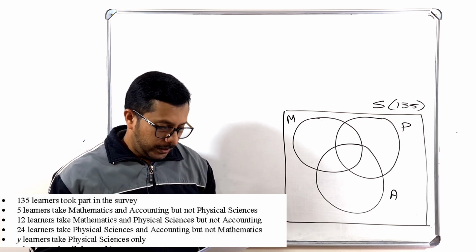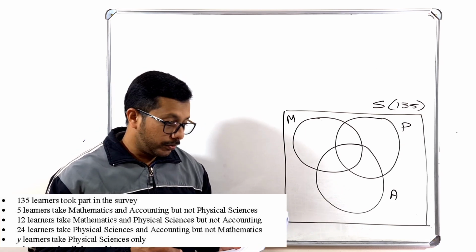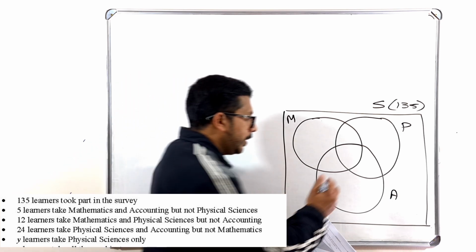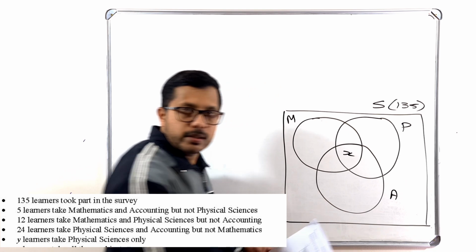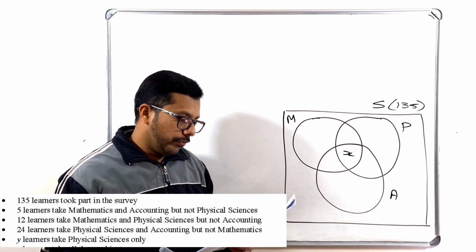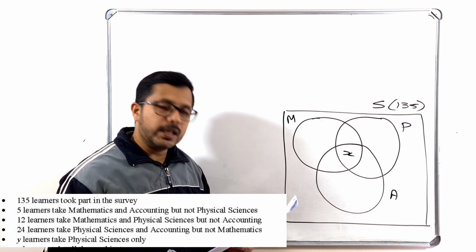Okay, now let's start the second bullet. So we already read that X learners take all the three subjects, so it means that here it is X. Okay, now look at the second bullet. 5 learners take mathematics and accounting but not physical science.